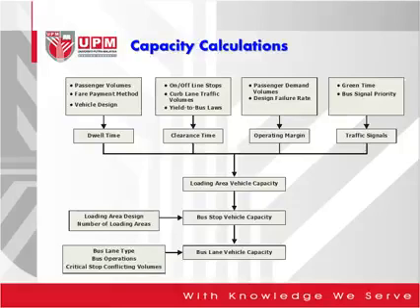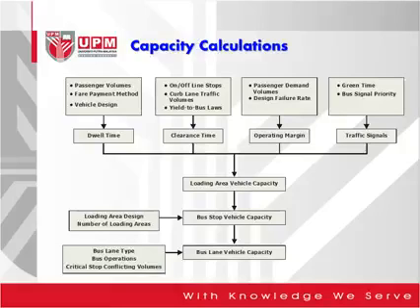And bus stop capacity depends on the number of loading areas and also the design of the loading area. And the bus lane vehicle capacity depends on the bus lane type, bus operations, and critical stop conflicting volume. So these 3 factors will be seen in chapter 2 and chapter 3.